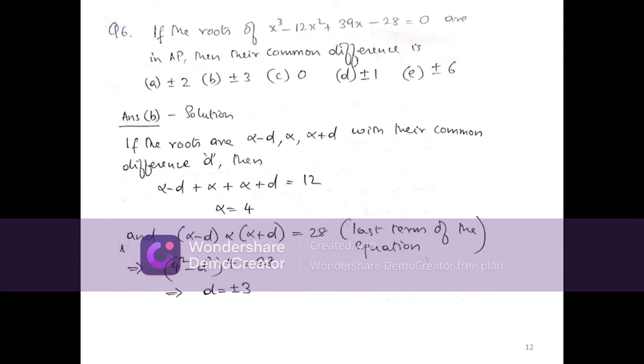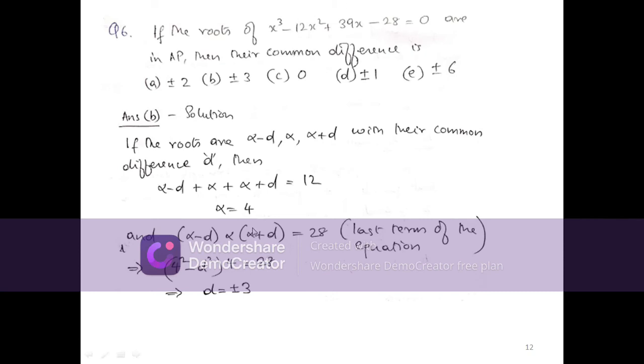So how do you get this? How did you understand that the sum of these terms, alpha minus d, alpha and alpha plus d, equal to 12? I will tell you.